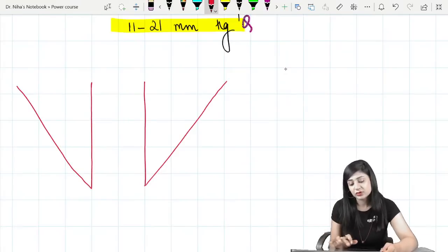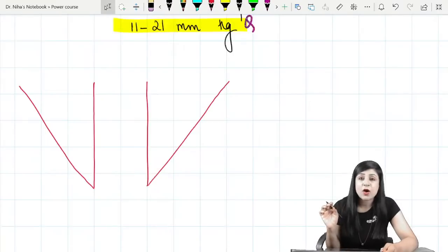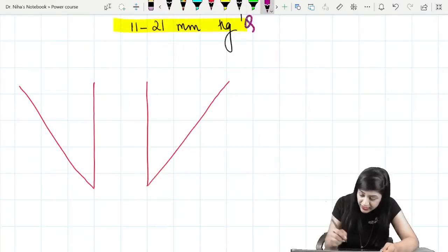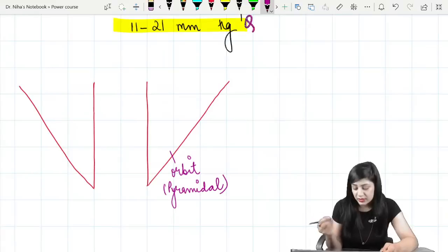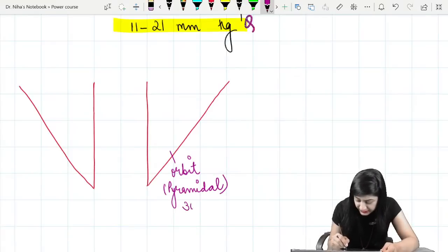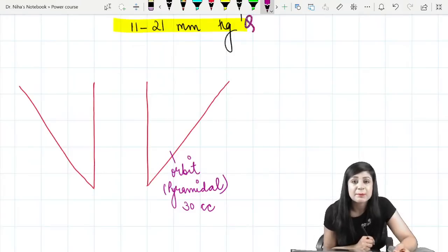This is the structure of the eyeball, and this is the orbit. What is the shape here? It is pyramidal. And what is the volume? 30 cc. The orbit is pyramidal, and the volume is 30 cc.